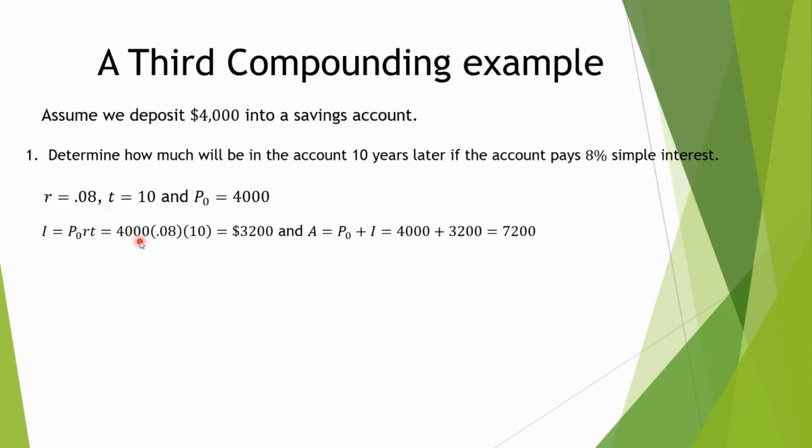So how much interest, since it's simple interest? The total interest here we can calculate easily, and we get $3,200. And then the amount after 10 years is the original, and then we add on the interest, and we get this. Remember, this is simple interest.